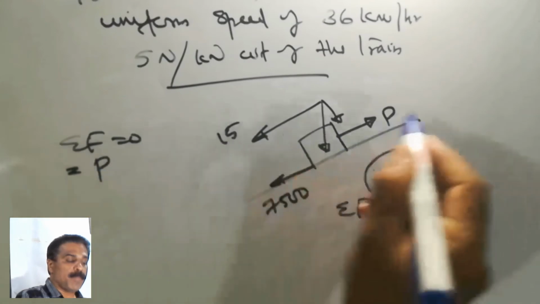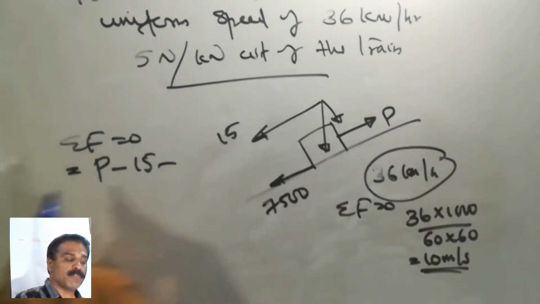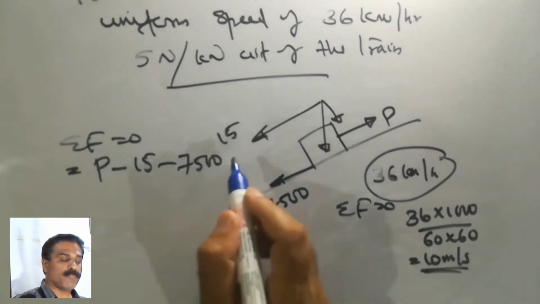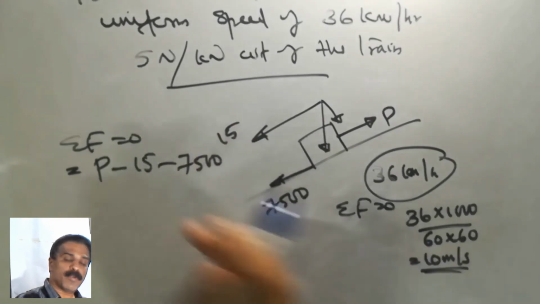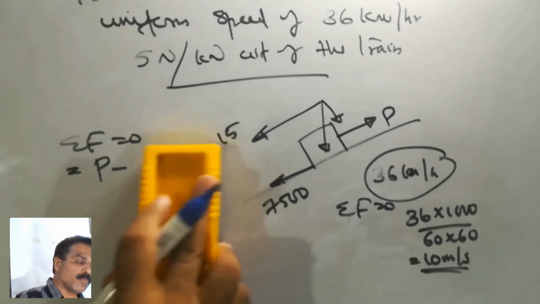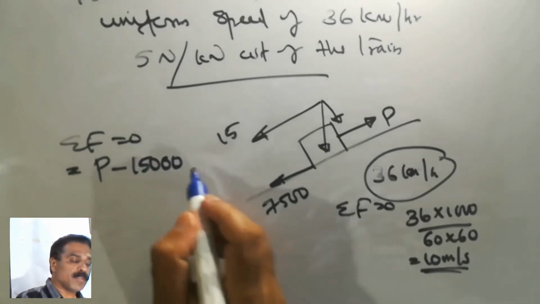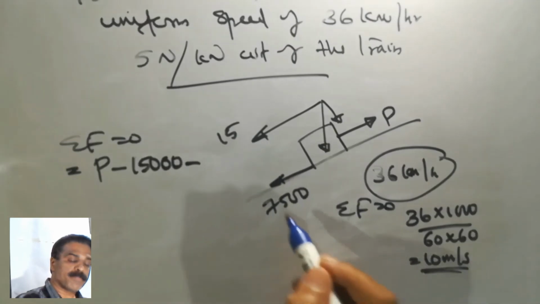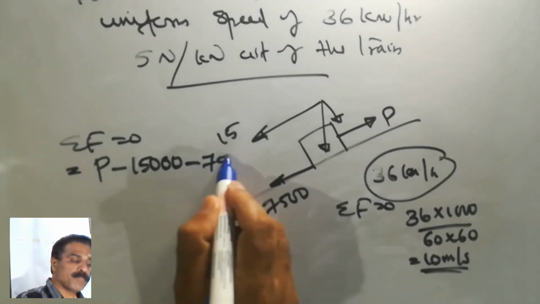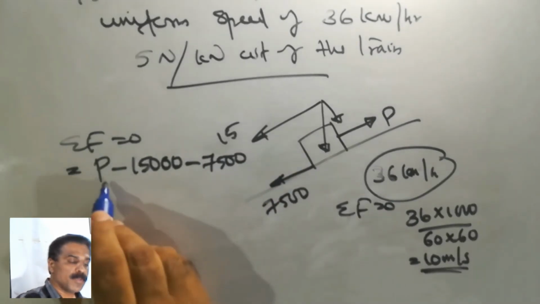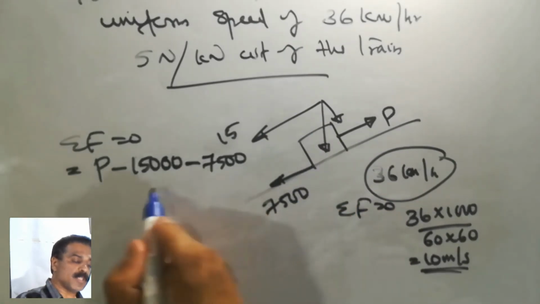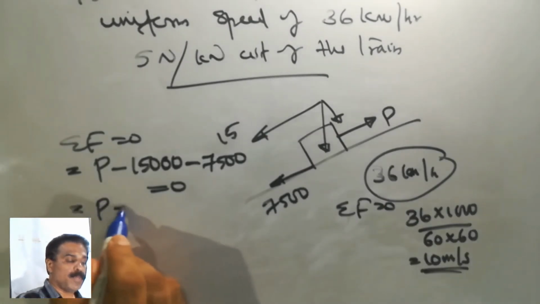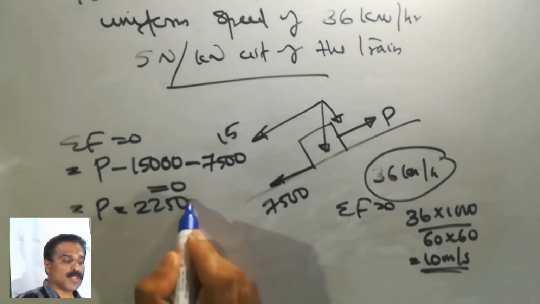The net force is P in the direction of motion taken as positive, minus 15 kilonewton, which is 15,000 Newton, minus the resistance 7,500 Newton, equal to 0. So P equals 22,500 Newton.